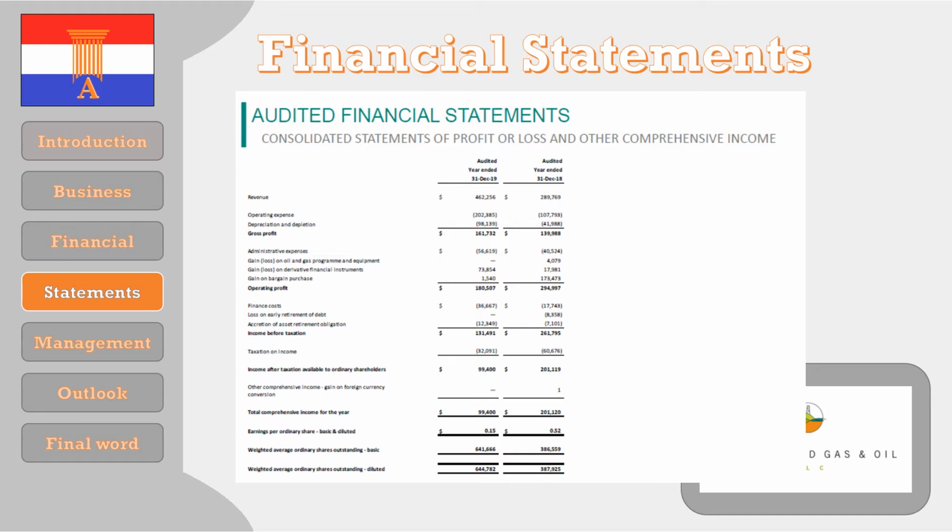Something else that I would like to point out is the gain on derivative financial instruments. Here's 2019 and here you see 2018. There's a big increase. Why is that? Because the natural gas price has dropped, but they hedged. So how you need to interpret this is, let's say the natural gas price on average throughout 2019 is $2.30, but they hedged against a price of $2.70.